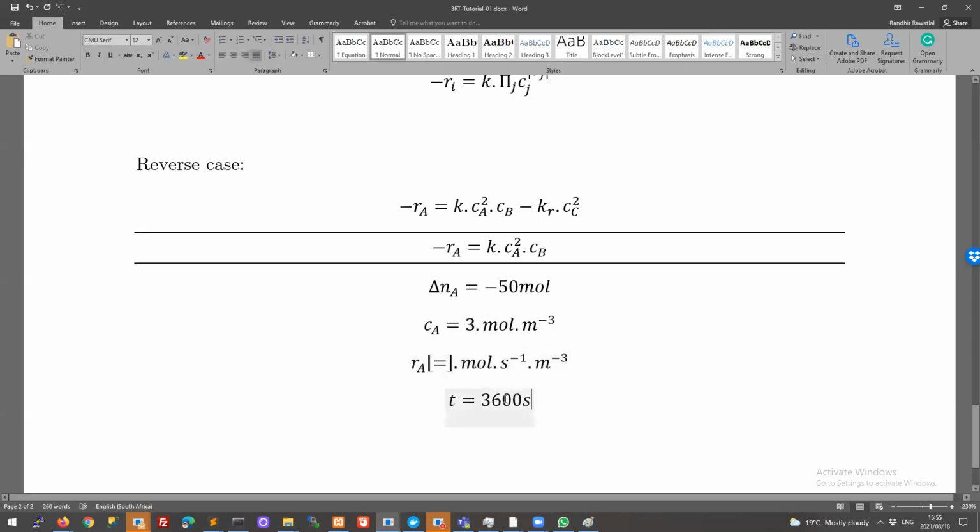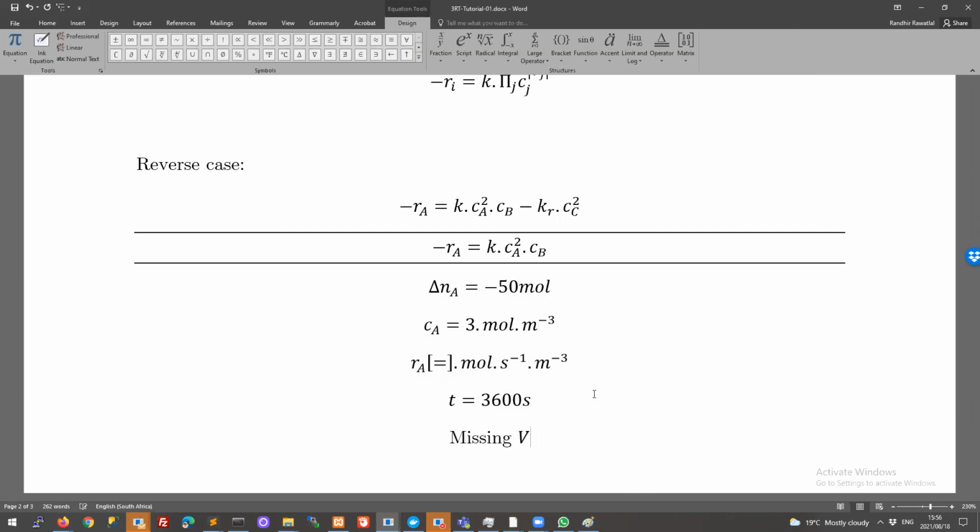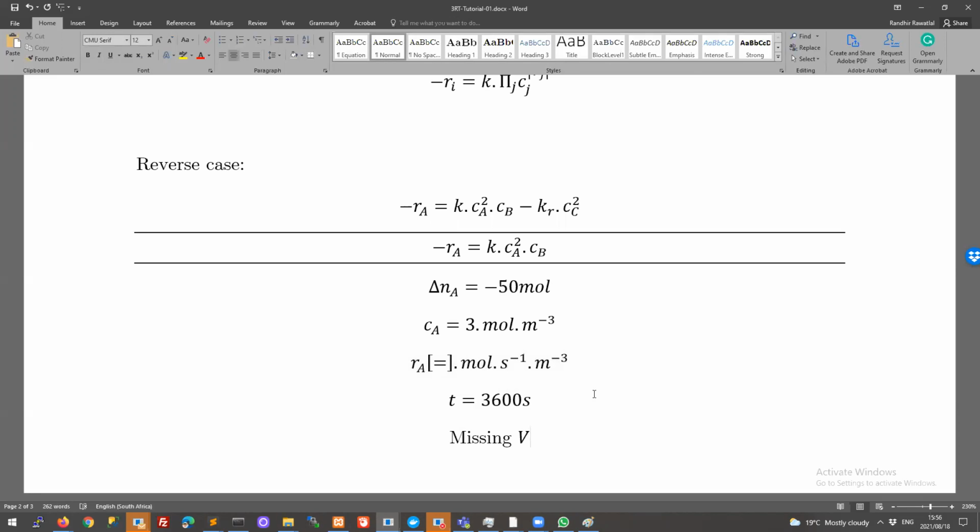But you can see here that when you multiply the rate by the time, you're going to get moles per cubic meter, whereas what we want is something like moles. So we need a volume as well. So we need to assume something here. So, missing the volume. We need the volume V. I'm pointing this out because it's a common mistake.